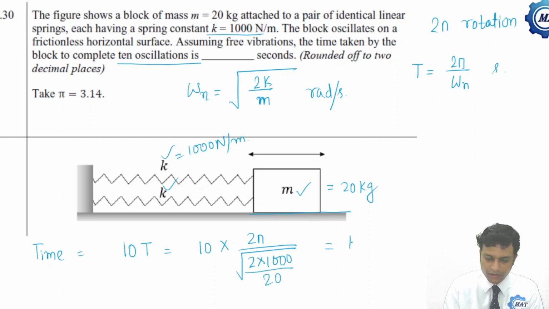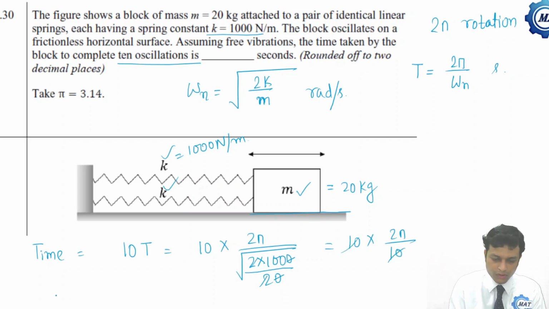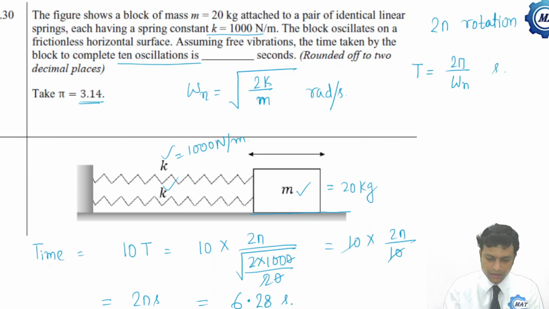That is 10 into 2 pi divided by, 2 cancels, root over 100 is 10. So time is 2 pi seconds. 2 pi is 2 into 3.14, 6.28 seconds. So the answer is 6.28.